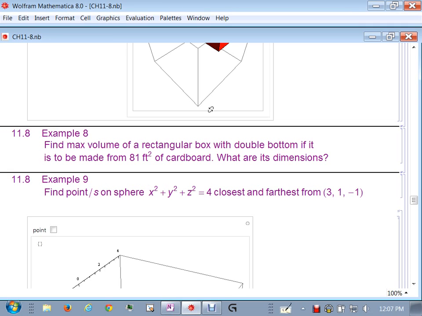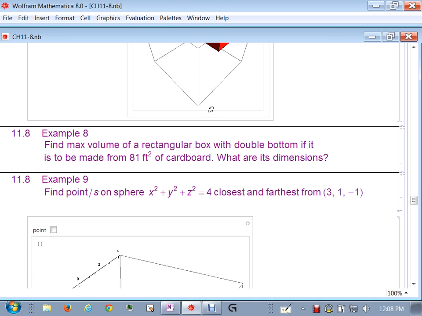What are its dimensions? So this is a problem that you could have done back in calculus. This would be somewhat of a calculus problem. And we're just here to show that it can be done in this class also, all right? A different approach.